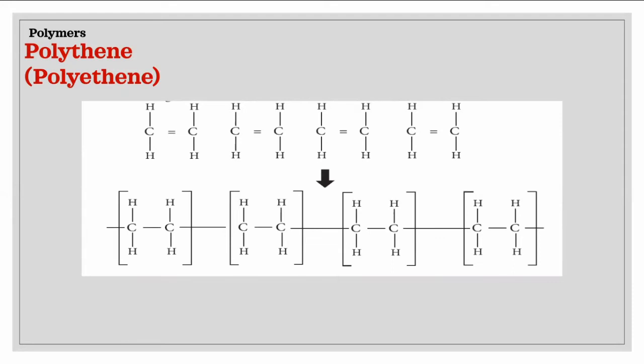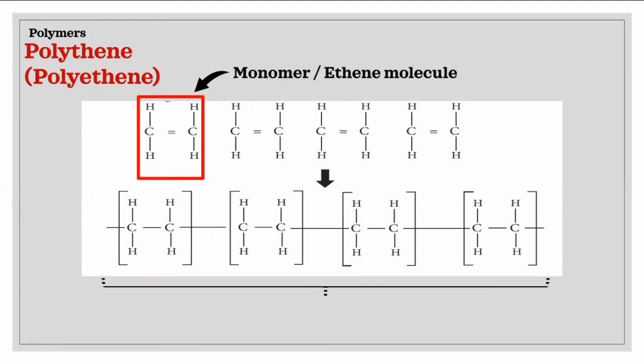The double bond in the ethene molecule is broken to form bonds with one another during the process of polymerization. The ethene molecule is the monomer and the polythene formed is the polymer.